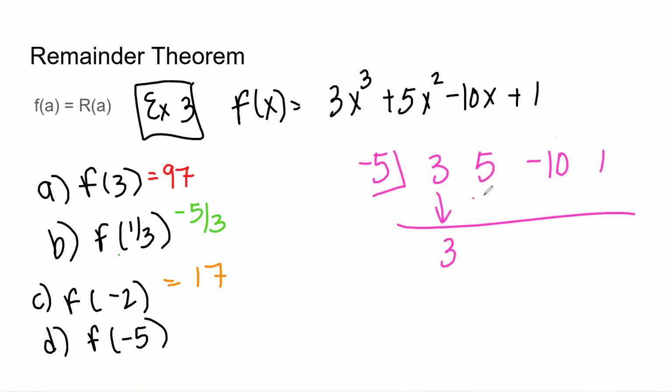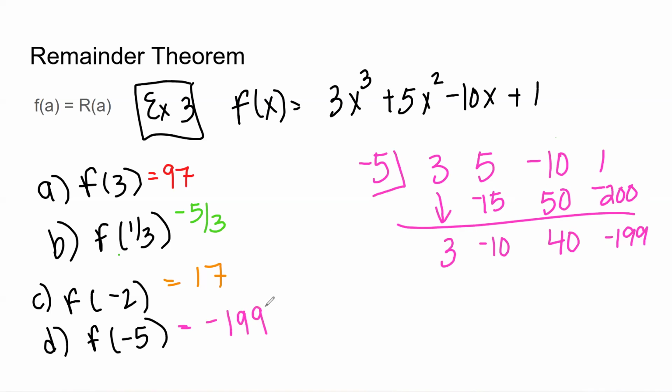Drop down, multiply, add, multiply, add, multiply, add. Let's see if that's correct. -199. Yes. And done. That is the remainder theorem.